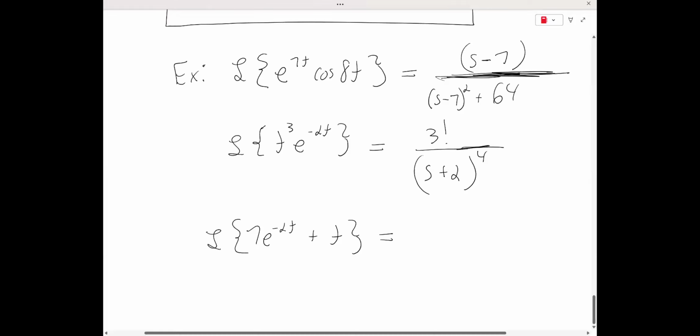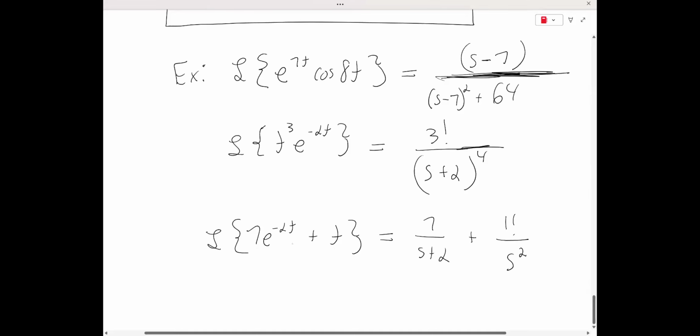Okay, so maybe it should be this. The Laplace of 7, that'd be 7 over s, right? But I had that shift, so it'd be 7 over s plus 2, right? Plus the Laplace of the t, that'd be 1 factorial over s squared, like that.